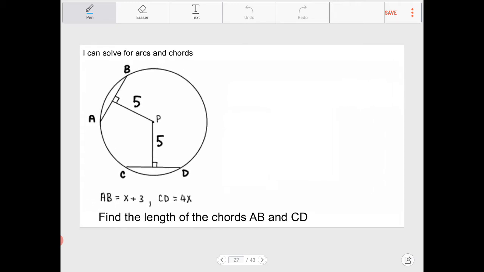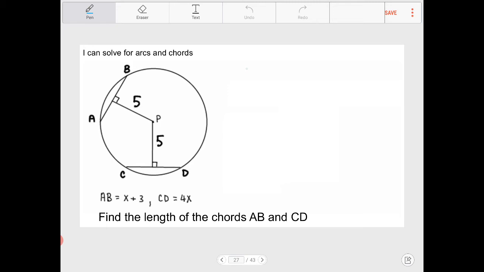Let's take a look at the next problem here. Pause the video to see if you can figure this out. Upon inspection here, I immediately noticed that chord AB and chord CD are equal in distance away from the center. They are 5 units away. So immediately I can tell that chord AB and chord CD should be of the same length.